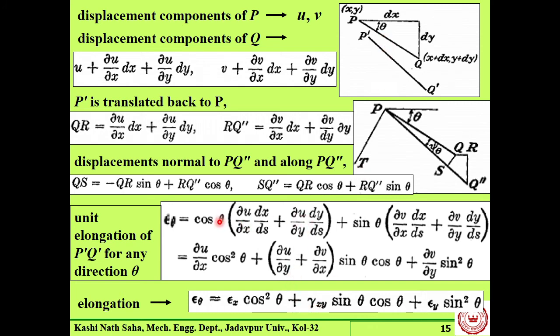So this term is sin theta cos theta del u del y. And from here we will get a cos theta, dy by ds is sin theta, so sin theta cos theta del v del x. And from here, this is what we are getting. So this is the general expression for epsilon theta.